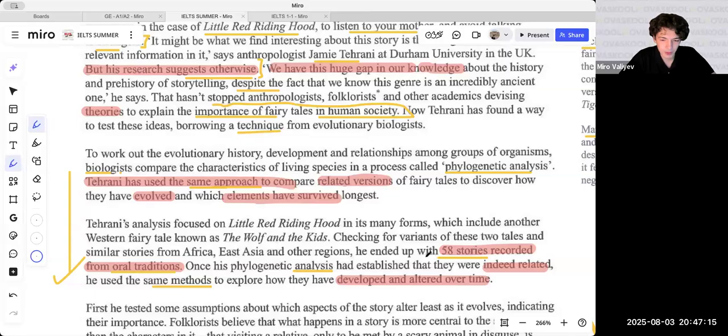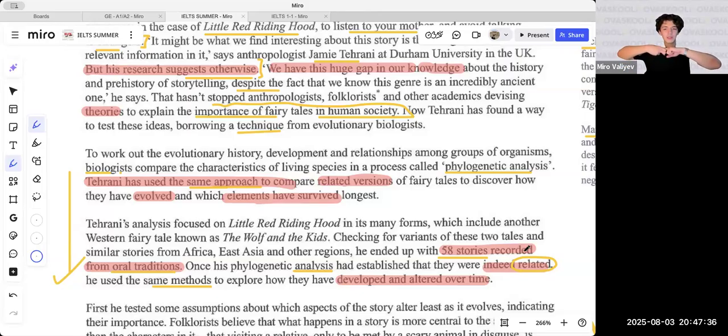Okay. So you see, once his phylogenetic analysis had established that they were indeed related. Well, related means somehow linked, somehow connected, yeah? Like relatives. You have links with your relatives, right?